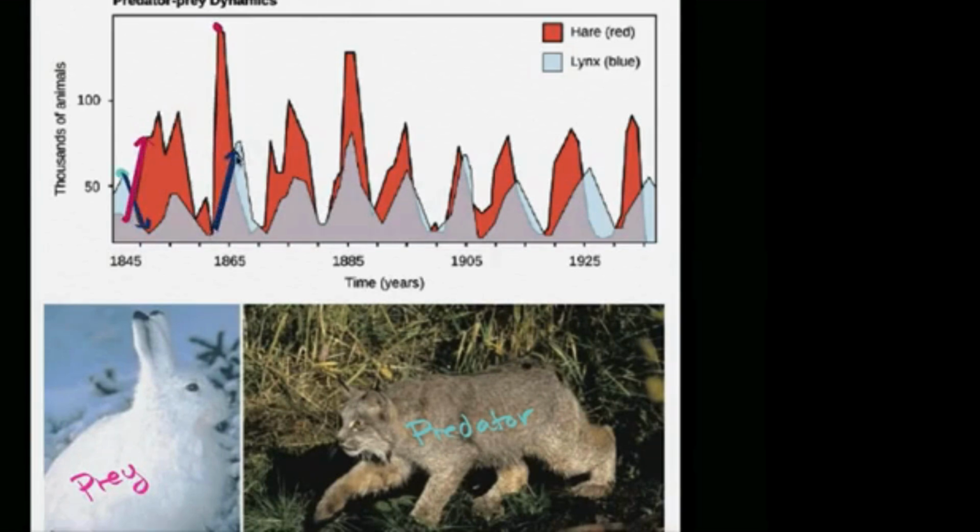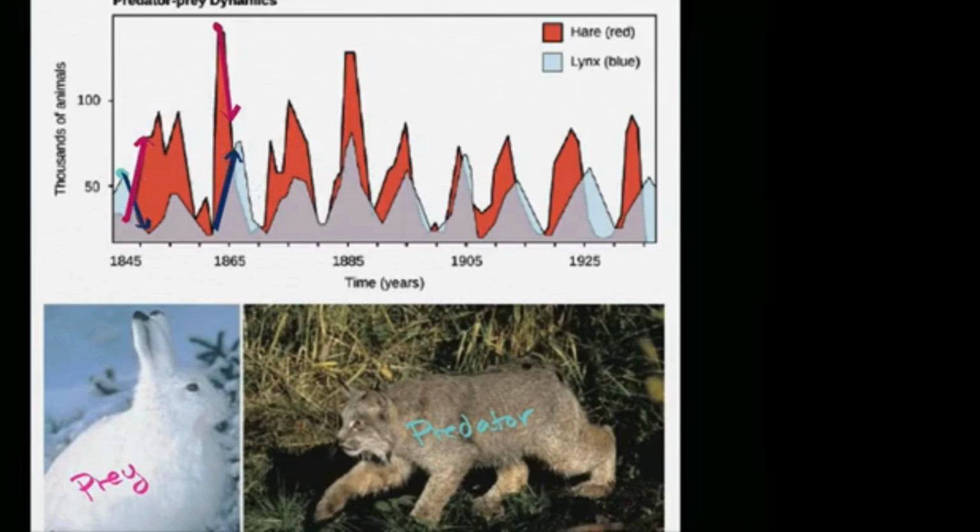And as the predator population increases, well, the prey population is going to decrease. So this is real data showing the snowshoe hare, the prey, and the Canadian lynx, the predator, over many, many decades to show this predator-prey cycle.